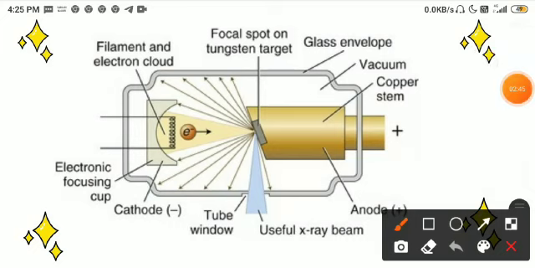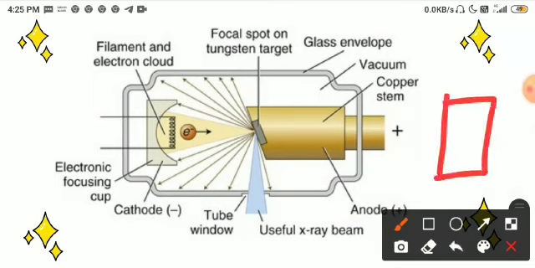It is because the focal spot is rectangular, with dimensions of 3 by 1.